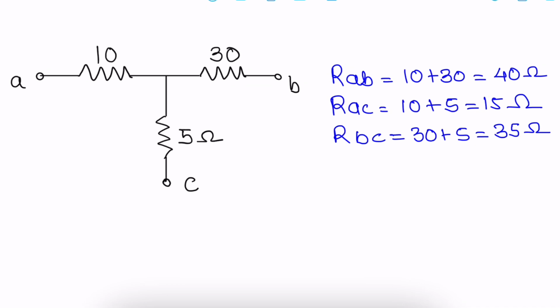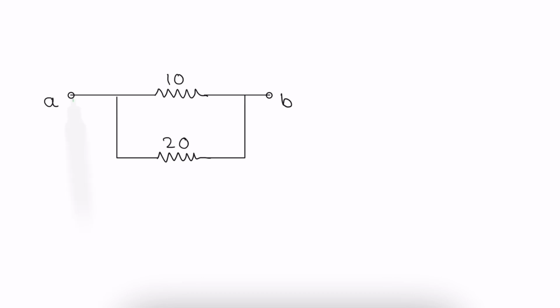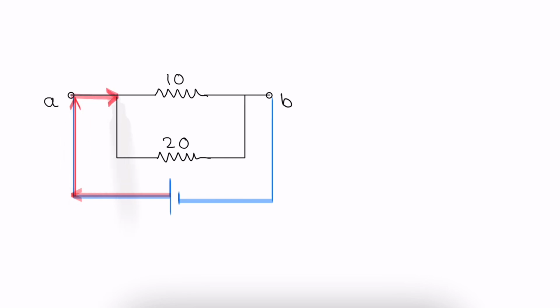Third problem, find out RAB. Let us assume there is a battery between A and B. How will the current flow? To point A, at this point, the current will get divided into two parts.